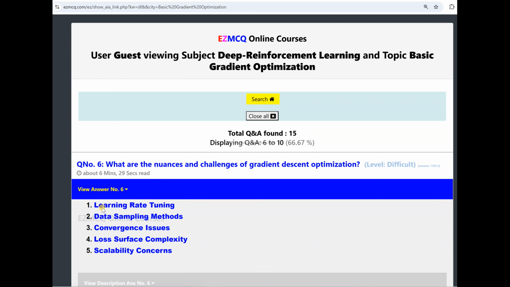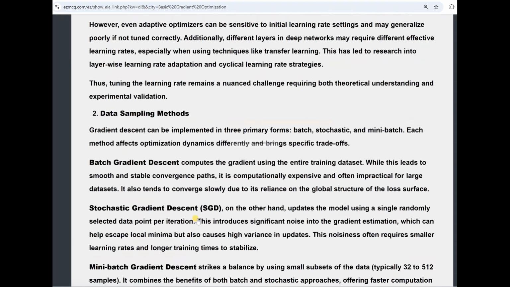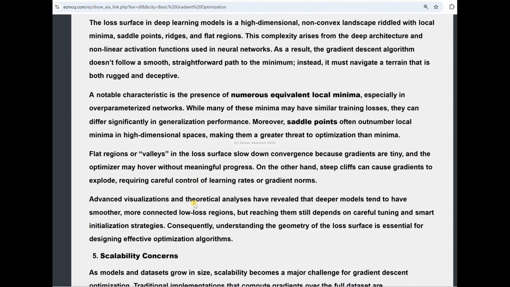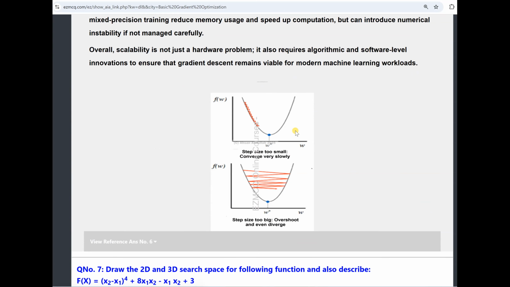So before we actually start working on them, let me show you those diagrams. So this is all the explanation which you will be reading. We have the weight on the x-axis, and this is the loss, which is a function of the weight.